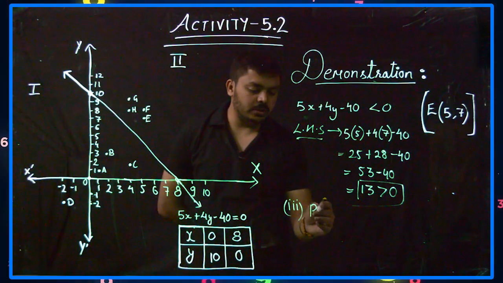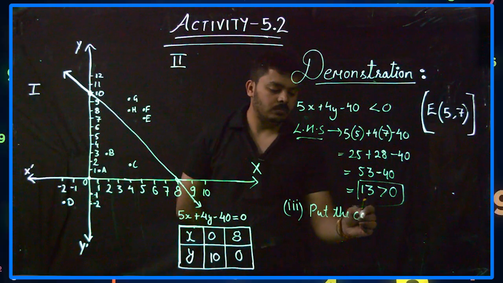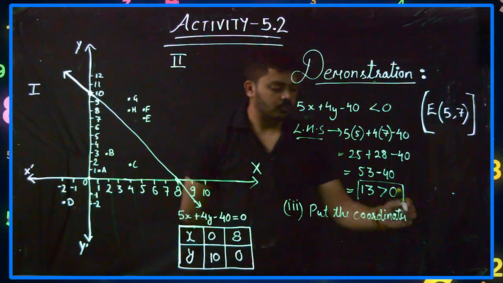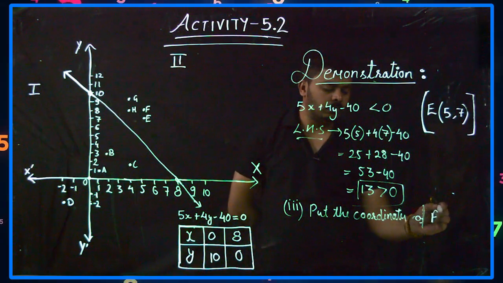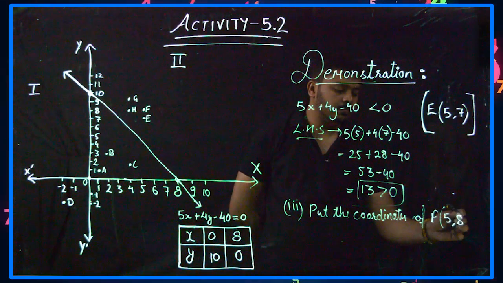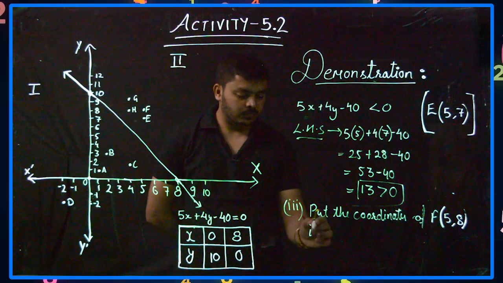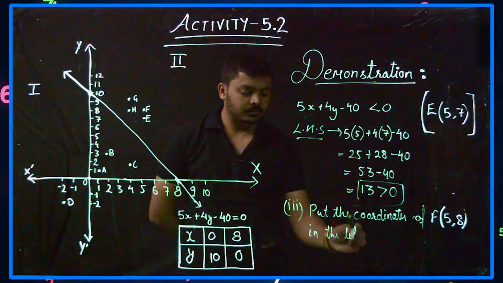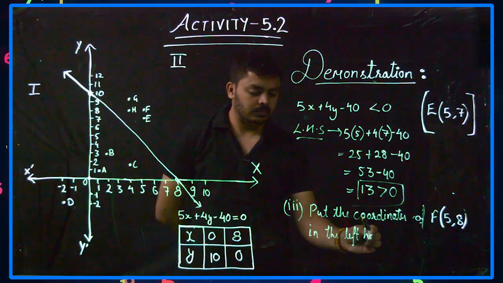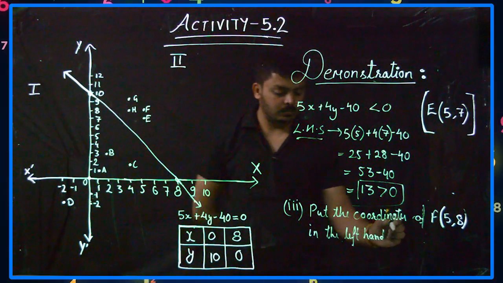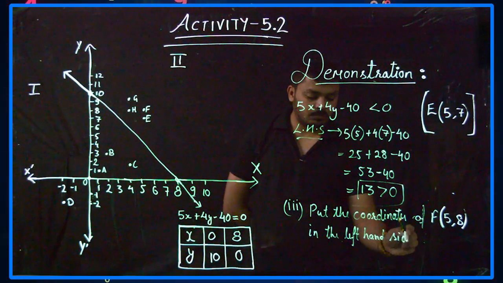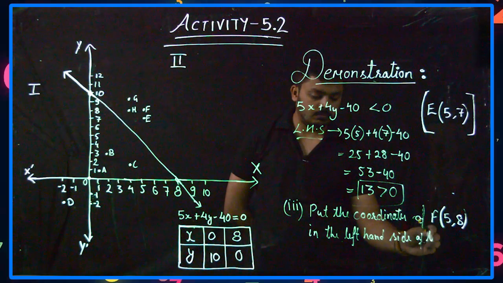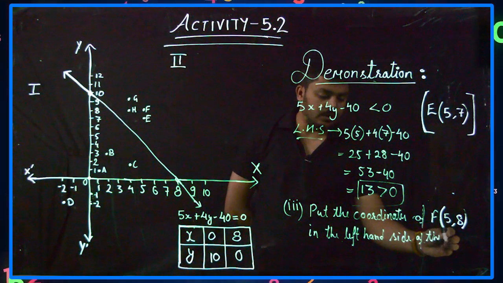Now put the coordinates of F (5, 8) on the left hand side of the inequality.